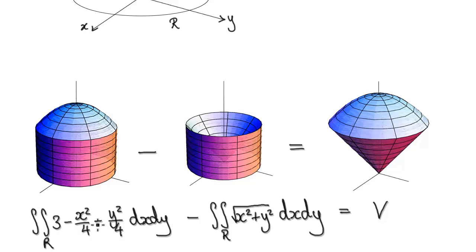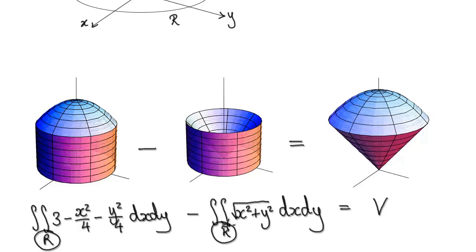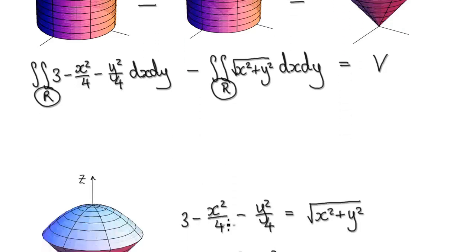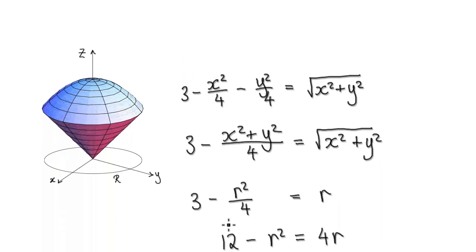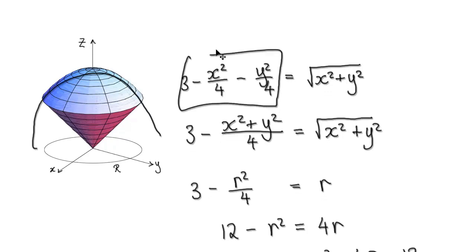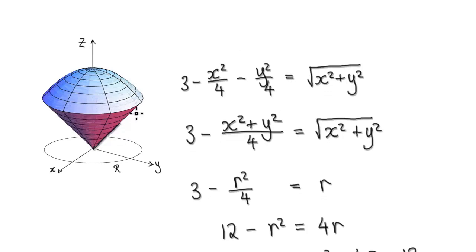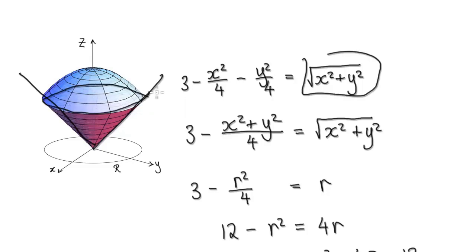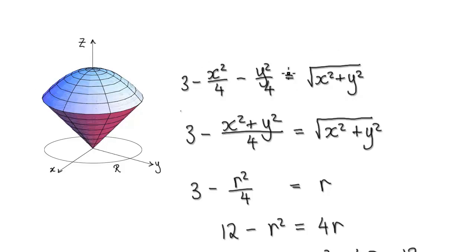The next step is to work out the region over which we're integrating. The paraboloid is given by this equation, and the cone is given by this. To find the intersection of the two surfaces, set one surface equal to the other, which takes us to here.